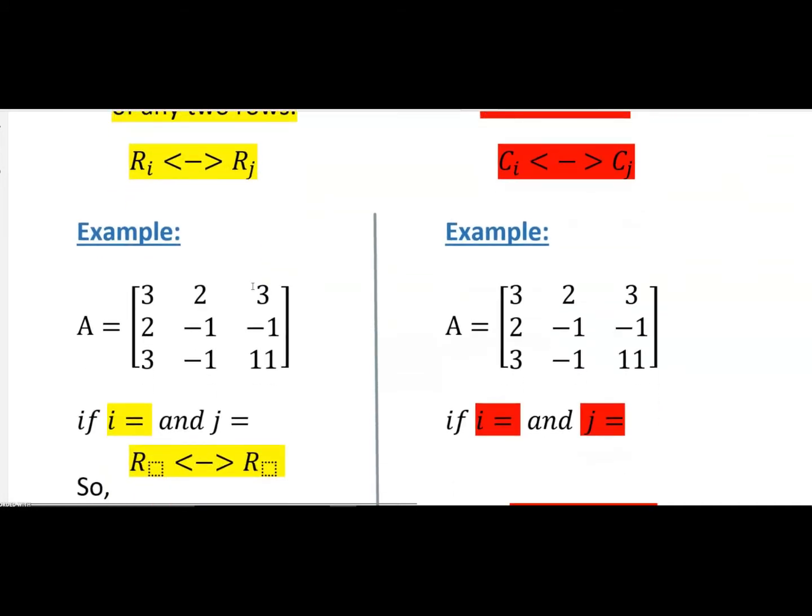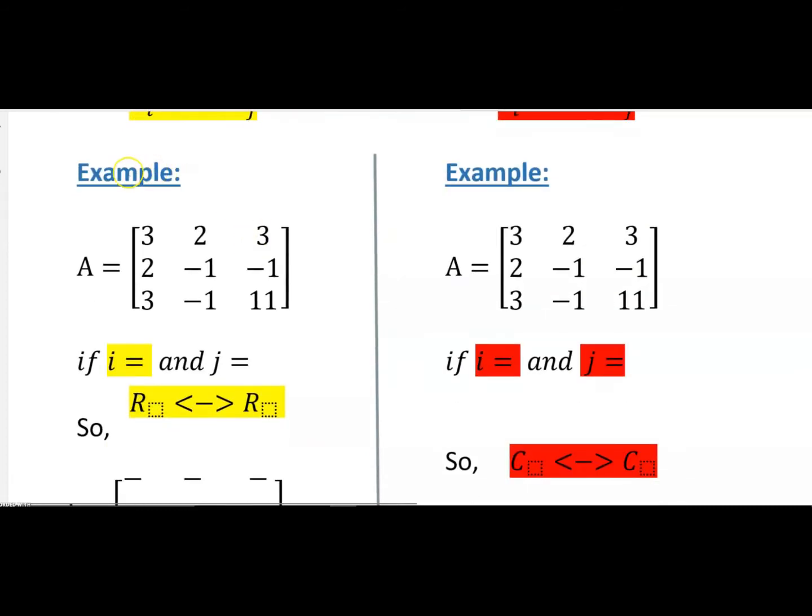I will discuss it by taking one example here. As you can see, this is the matrix A and it has 3 rows.